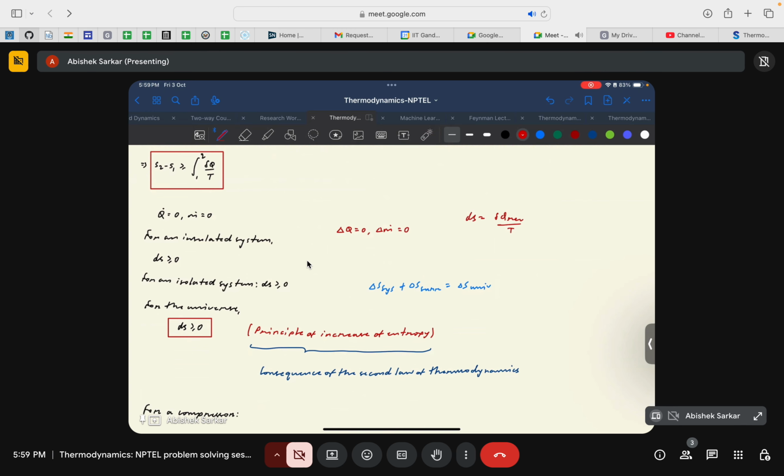So the only way the entropy can be increased is if there are some internal irreversibilities in the system.